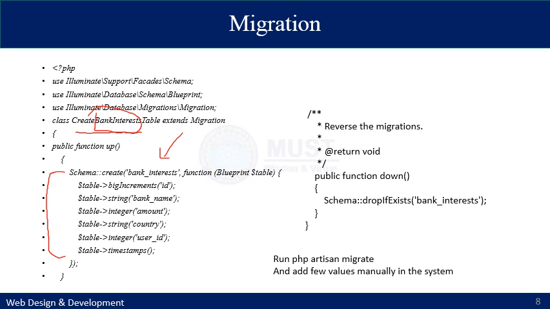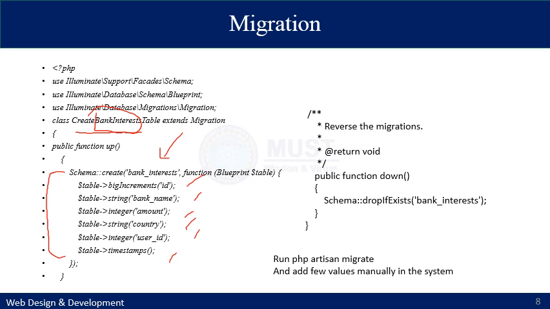We have specified the name of the table, that is bank_interest, and then we have specified the primary ID as big integer. Then we have the name of the bank as a string and the amount as a number. Again, the country is a string and the user ID is an integer, and then the timestamps to record when the edit or insertion has been performed on the entity.